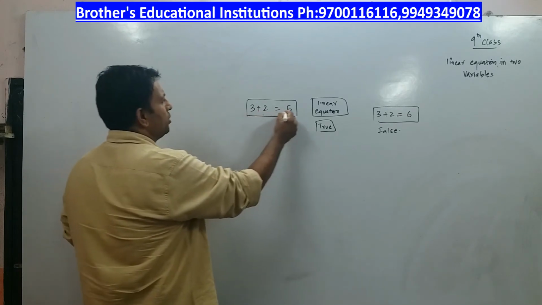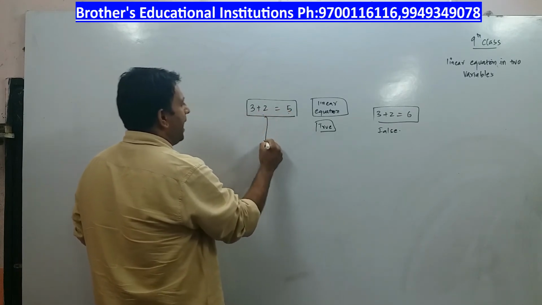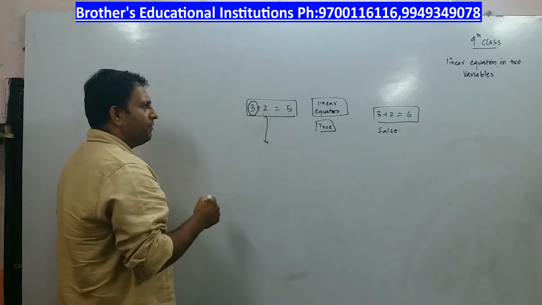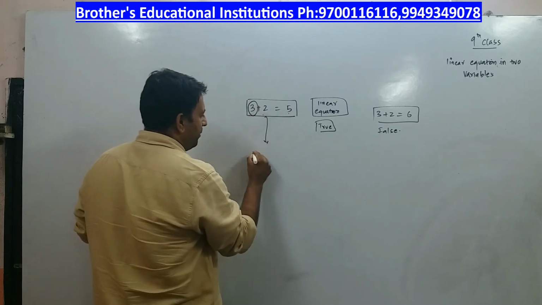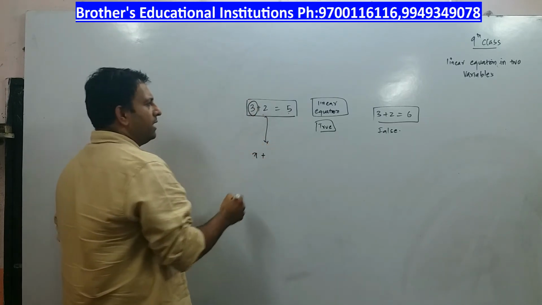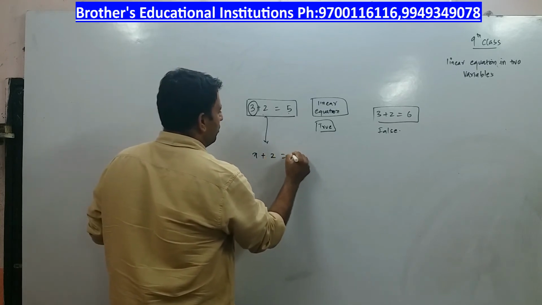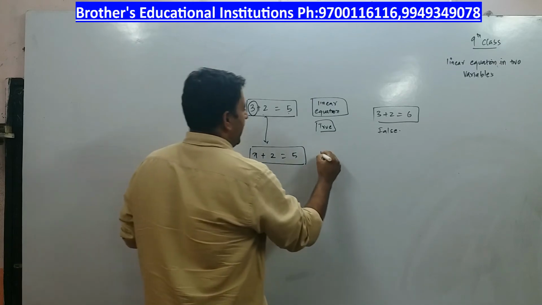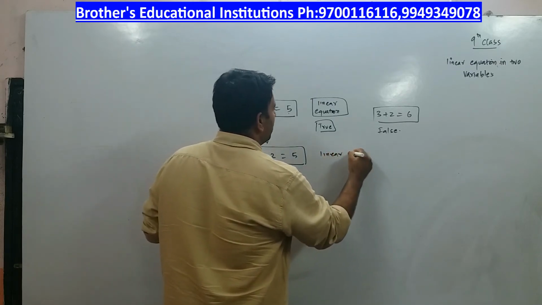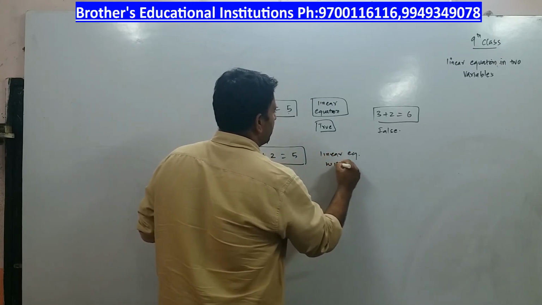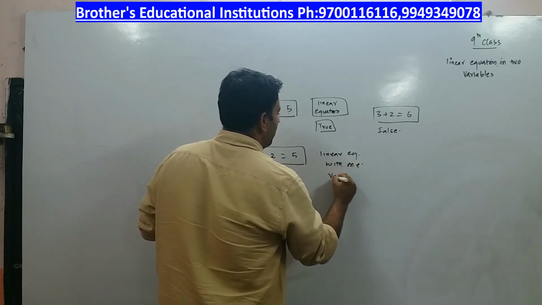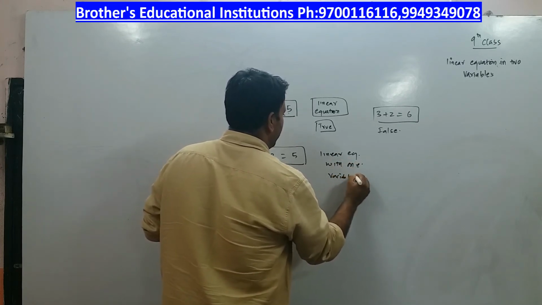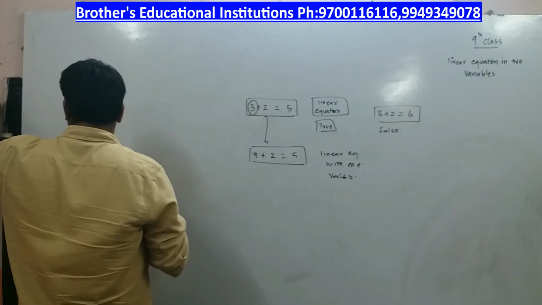Now, let us come to the point. If I write 3 plus 2 is equal to 5, and in place of 3, I replace with x, and then I write x plus 2 is equal to 5, then it is called a linear equation with one variable.